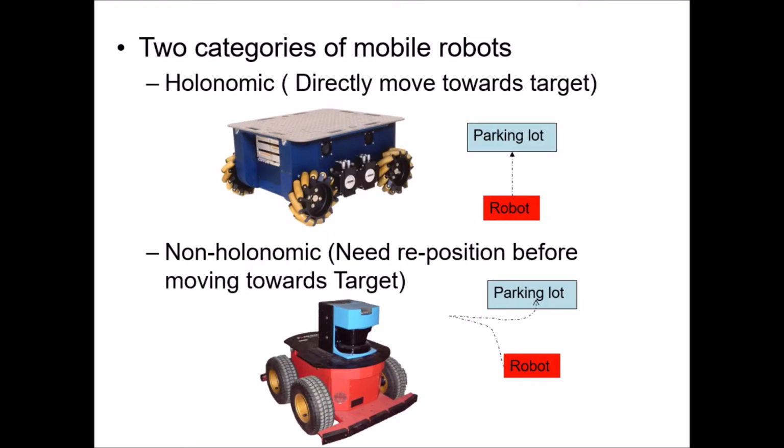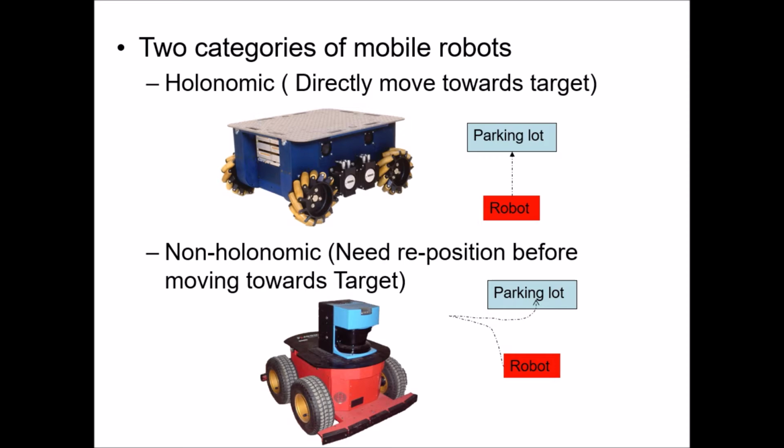So basically the mobile robot can be divided into 2 main categories. The first one is the holonomic, and the second one is the non-holonomic. By definition, holonomic means that the robot can actually move straight towards the target, let's say in the X direction, Y direction. For the non-holonomic, it needs to reposition itself in order to reach the destination.